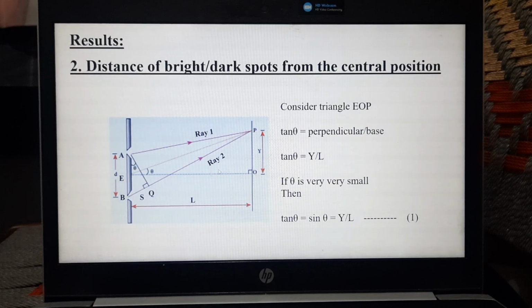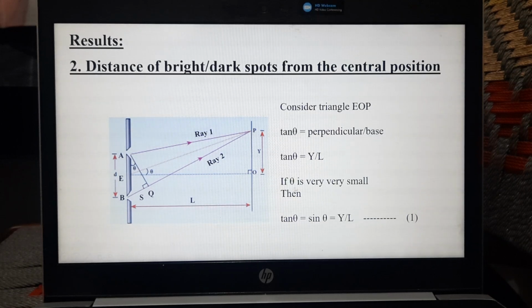So for this larger triangle, if I calculate tangent theta, that is equal to perpendicular by base. Perpendicular I am going to represent by y and base is represented by L. So tangent theta will be equal to y by L. If I consider theta to be very small, then tangent theta is equal to sine theta.